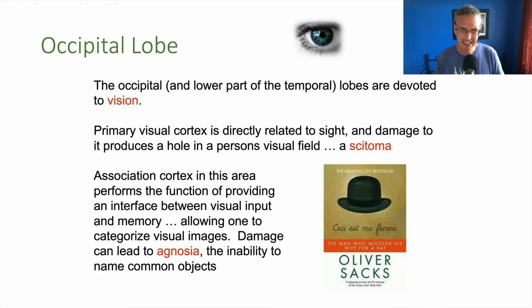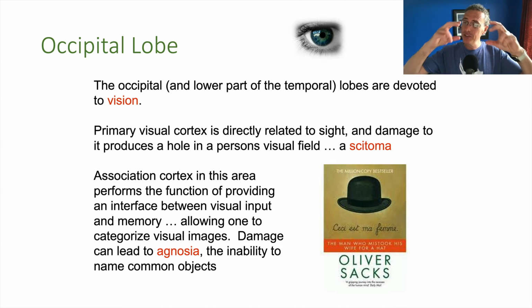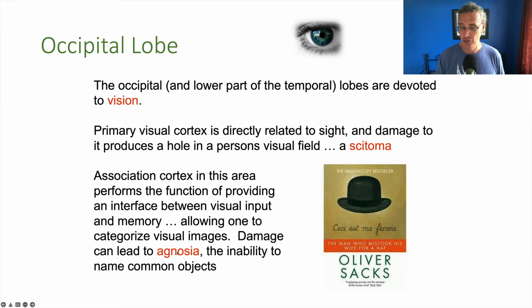Now, if you immediately hand it to them, they would take it and they'd go, oh my goodness, this is a glove. And then they would immediately recognize it and they would know what it's for. But based on visual information alone, they cannot recognize what they're seeing. They can see it, but they cannot recognize it. They have a lack of knowledge. And that's what the association cortex does, it connects what we're seeing with what we've seen in the past.